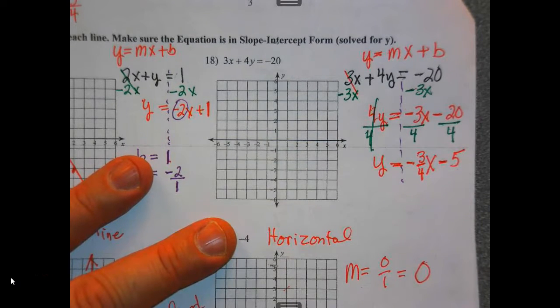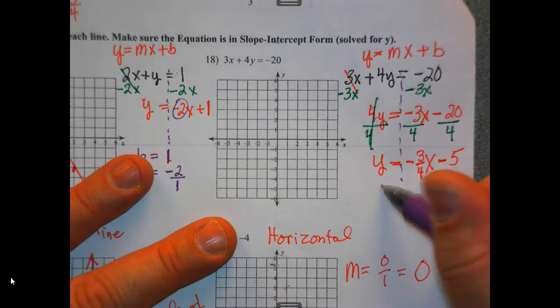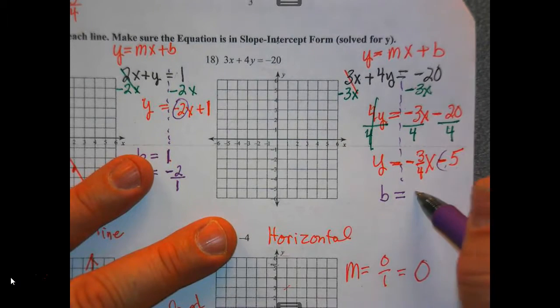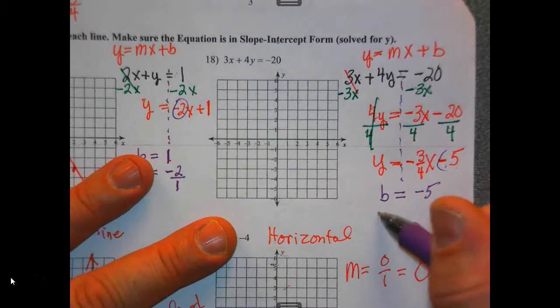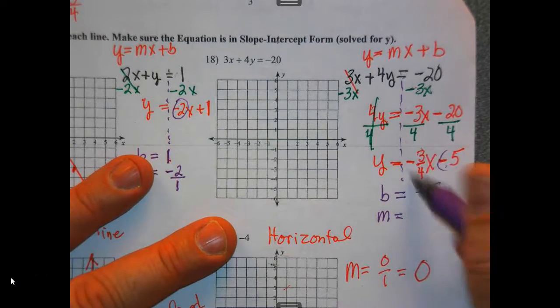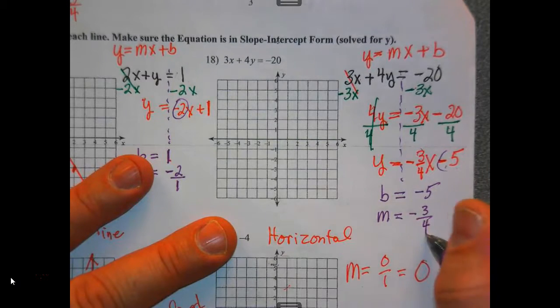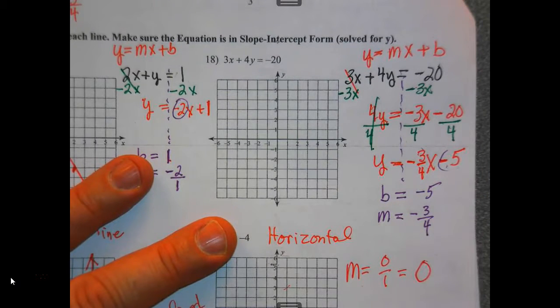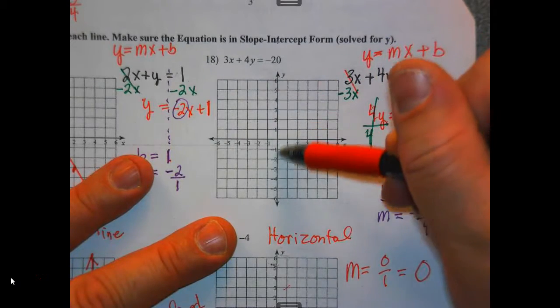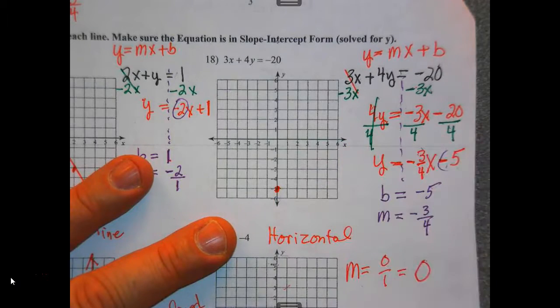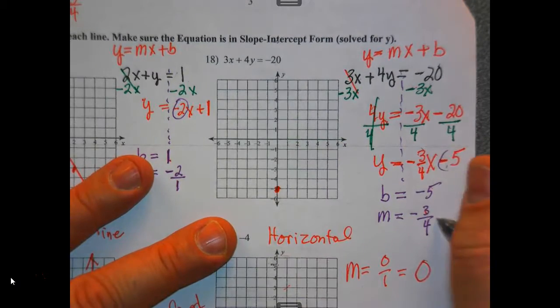I'll just finish it. So my y-intercept, my b, is negative 5. And my slope, coefficient, negative 3/4. So negative 5, y-axis, negative 5. Now there's no way I can go down 3, so I'm going to have to put that negative sign with the 4.